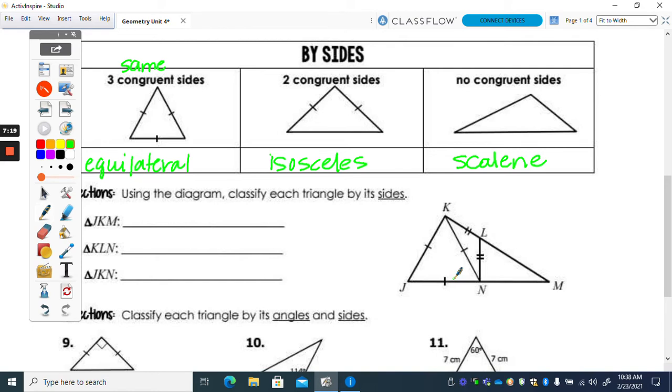So if we look at triangle JKM, that's the big triangle. So follow along to the letters and then complete the triangle. Does JKM have any sides that are the same length? No, it does not. So it is a scalene triangle.